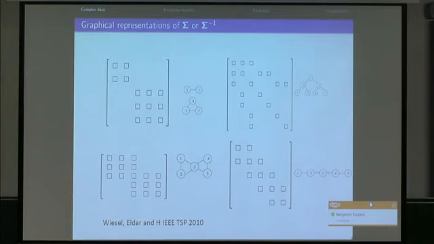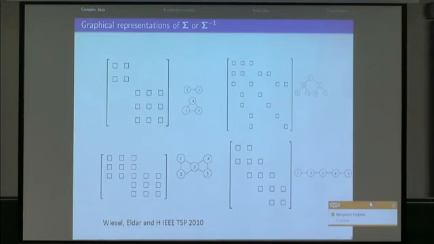And you can then write down a compact representation for these covariance or inverse covariance matrices in terms of a graph, a chain graph, for example, that corresponds to a tridiagonal matrix, or an interleaved block diagonal matrix that corresponds to a graph that has two cliques separated by some separator, in this case variable 3, and so forth.